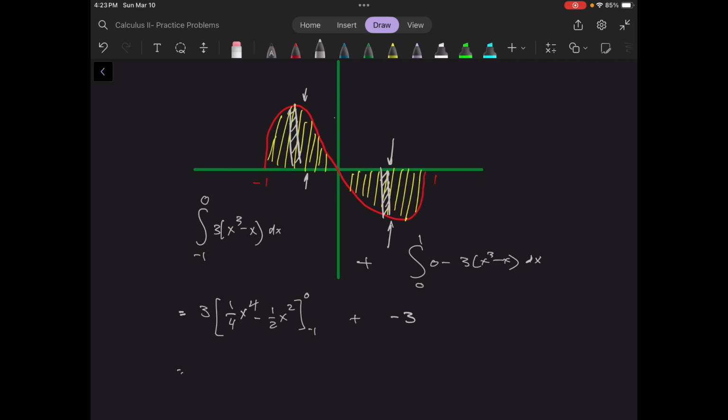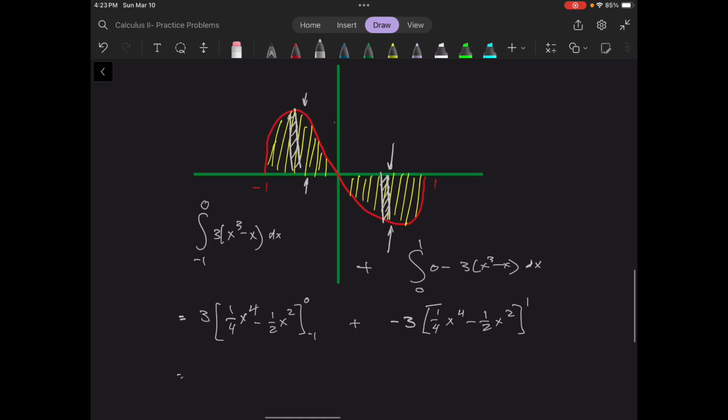It's going to be -3 1/4 x to the 4 minus 1/2 x squared, right? And we're evaluating that one at 1 and 0. But do you see that these regions have the same exact area, right? They are symmetric. So we could just find the area of 1 and double it, right?